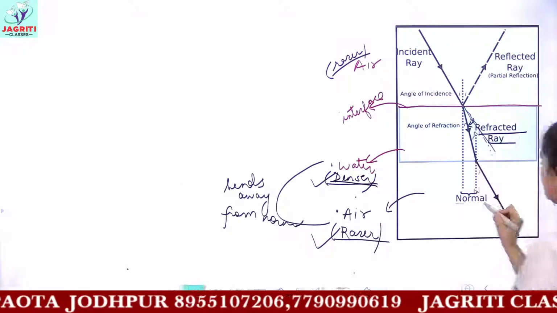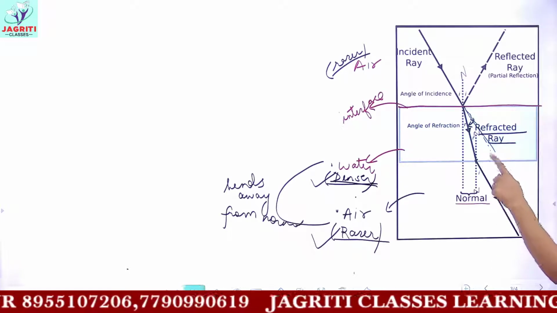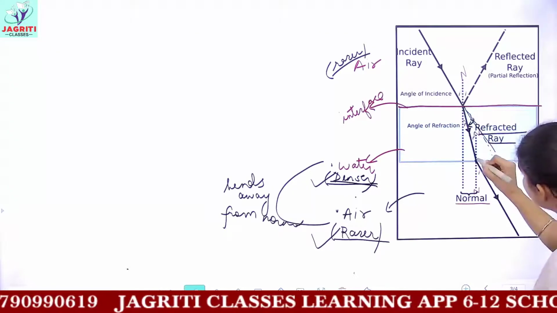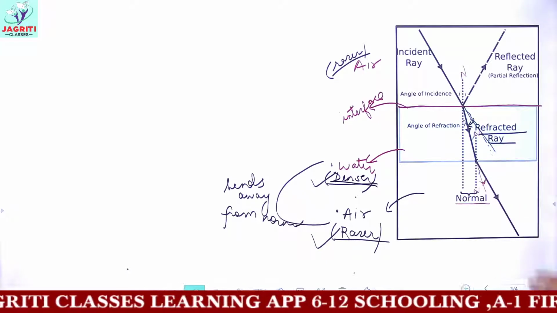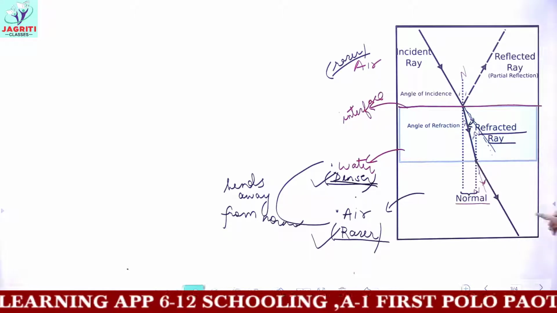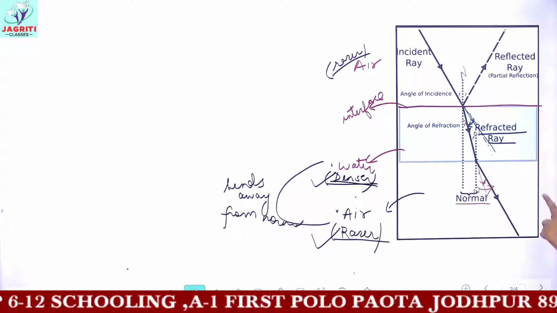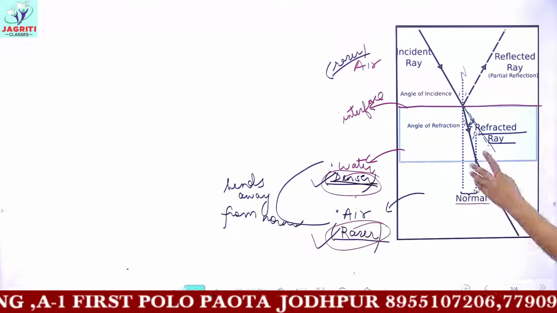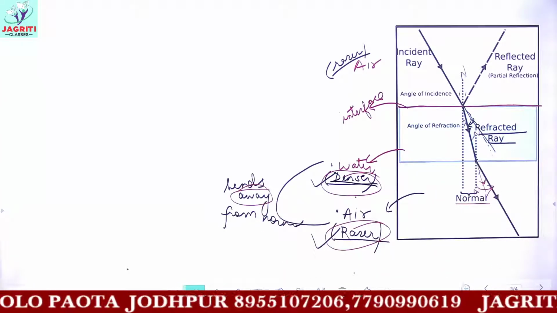The refracted ray should go like this, but due to change in medium, due to refraction, the light is getting bent. And this time the light is moving away from the normal, because here we are traveling from denser to rarer medium. And you can see this in the diagram.